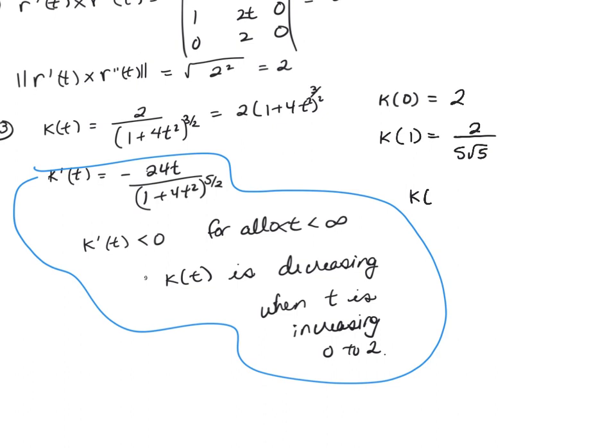And then k of 2 is going to be 2 over 17 raised to the 3 over 2, which is 17 root 17. So you can see that as t increases, my curvature is truly decreasing. So there you have it. That's it for today.